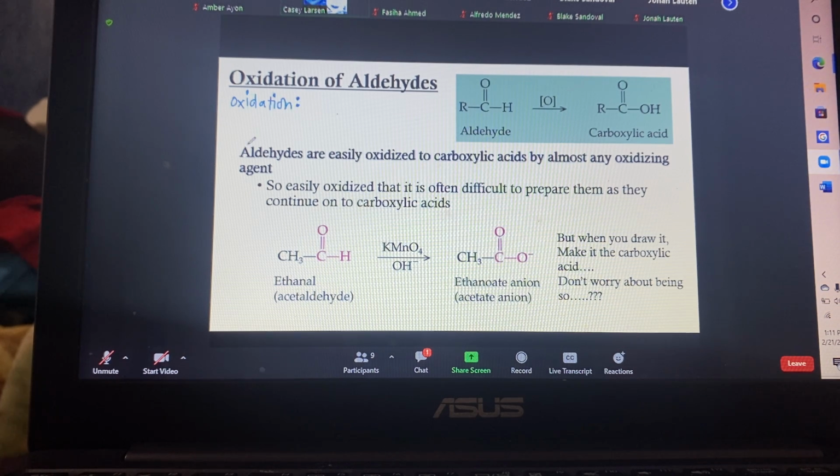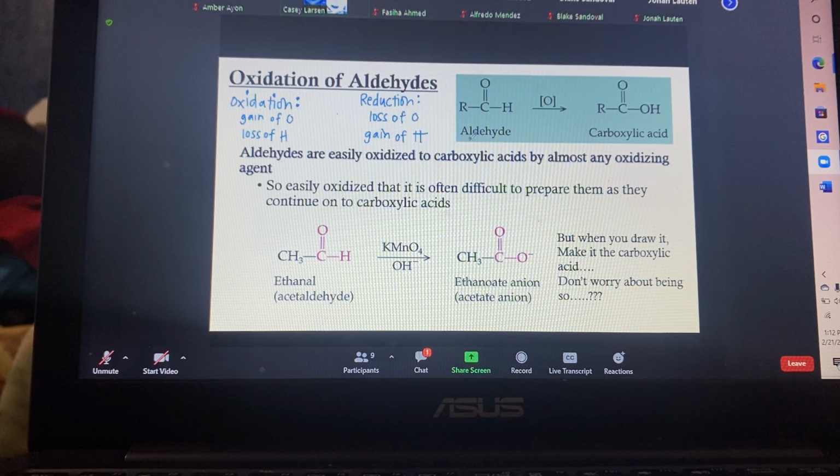For instance, oxidation is gain of oxygen, and you should lose hydrogens. And then reduction is just the opposite. Reduction is loss of oxygen, gain of hydrogen.